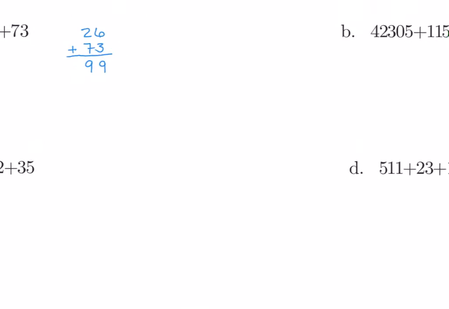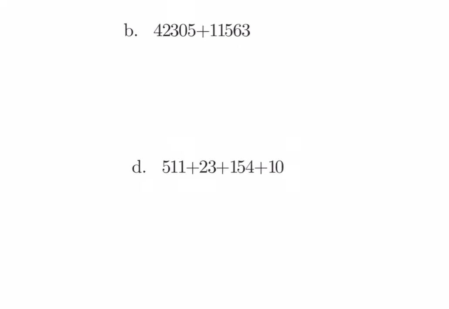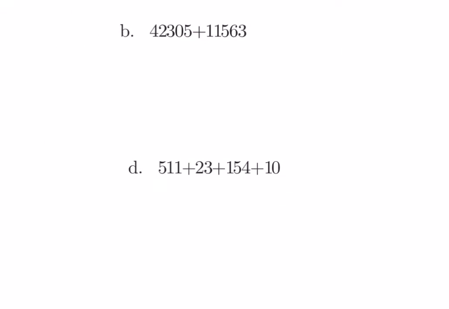All right, let's look at another example. Let's look at B. B, again, I'm going to go ahead and line these up vertically. I'm going to put 42,305 on top and 11,563 on the bottom. Again, it does not matter which one we put on top or bottom on this one.